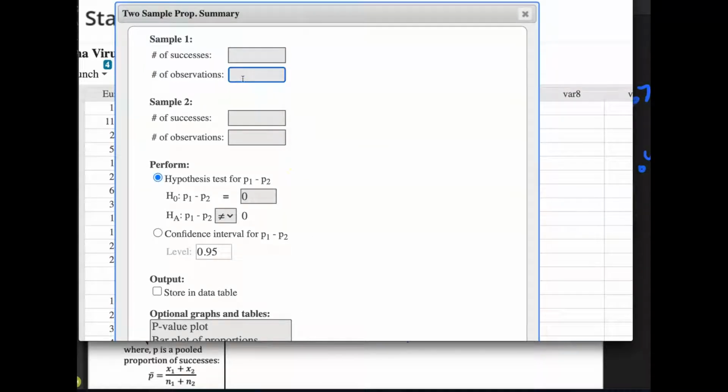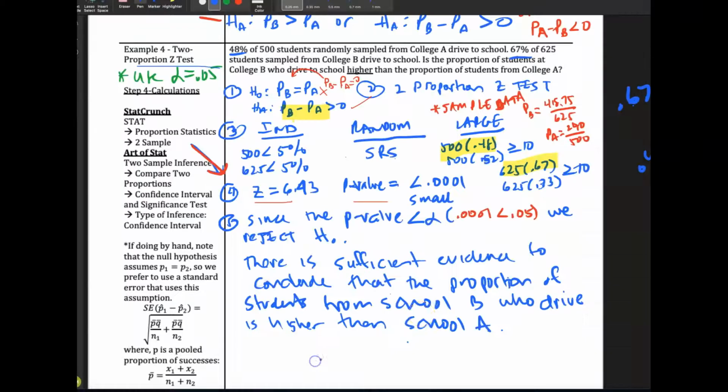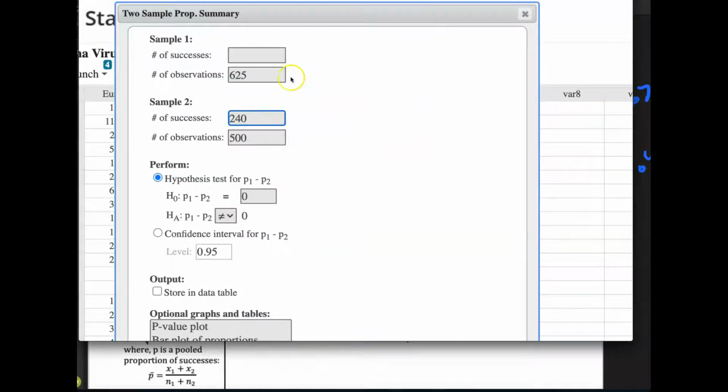For college B, we're going to put first because we're going to say that's higher. College B had 625 total. Sample size for college A was 500. Number of successes was 240. Let's peek real quick. There it is at 418.75, which goes here, the number of successes. And I got that by multiplying the percent times that.